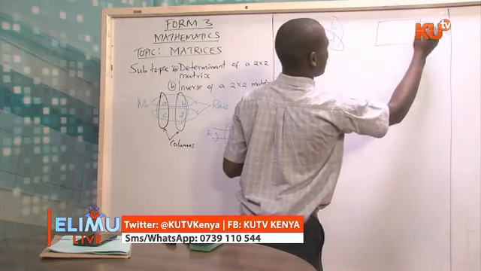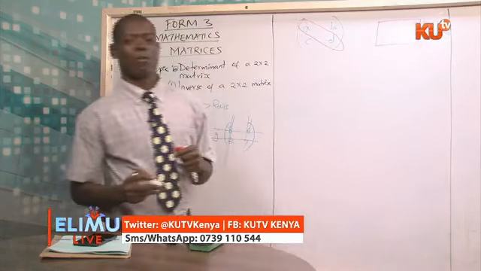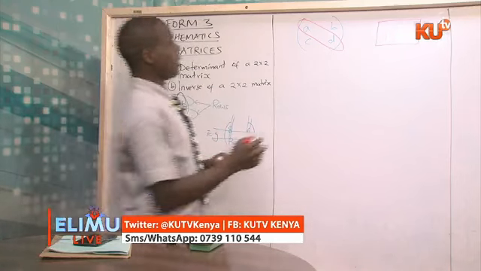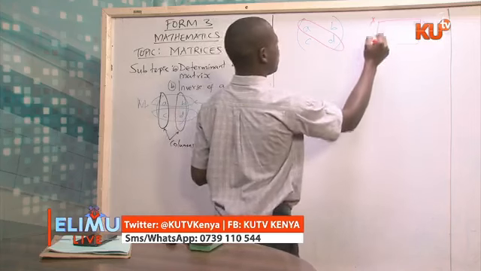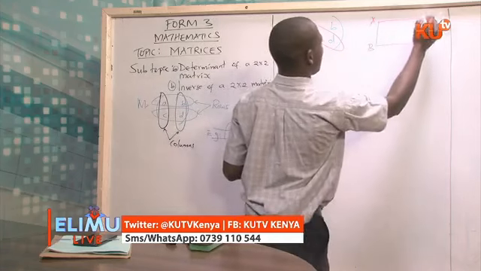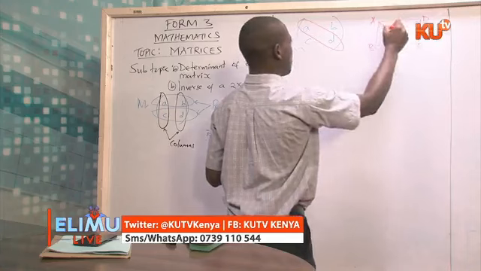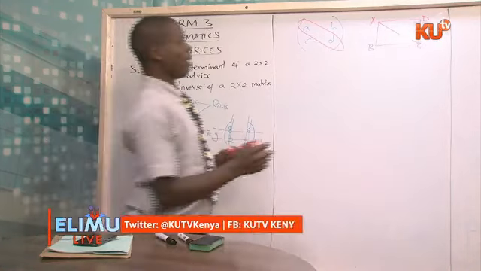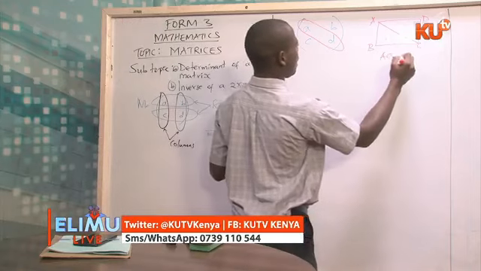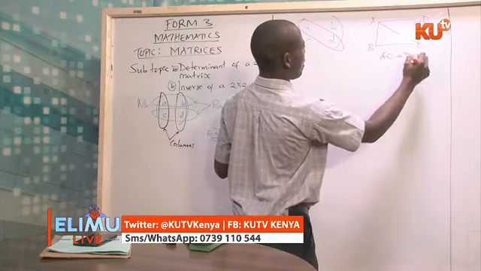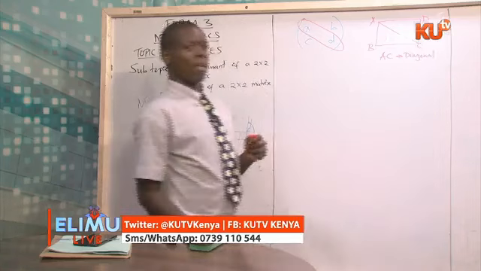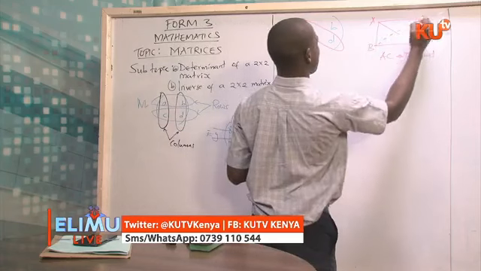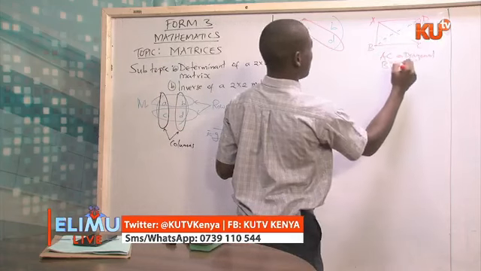A rectangle is a quadrilateral, meaning it has 4 sides. The endpoints, the vertices of this rectangle, when joined, we obtain what we call a diagonal. Therefore, AC is a diagonal. When we join B and D as well, this is again a diagonal.